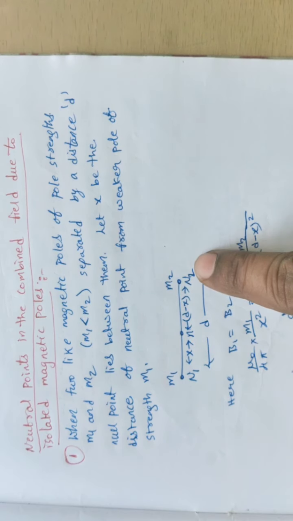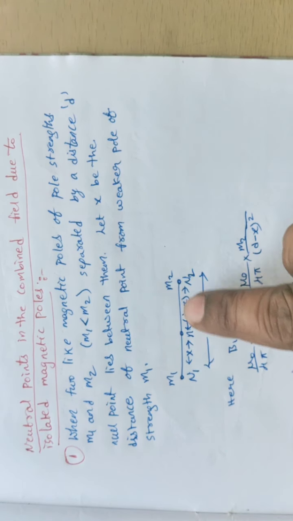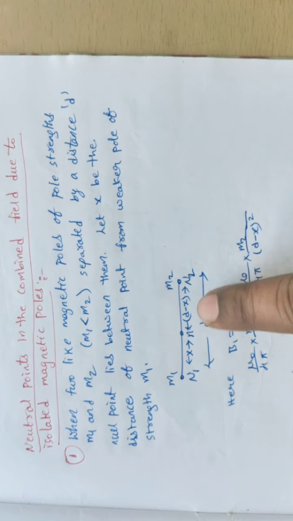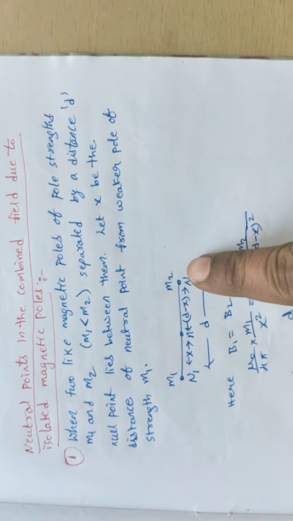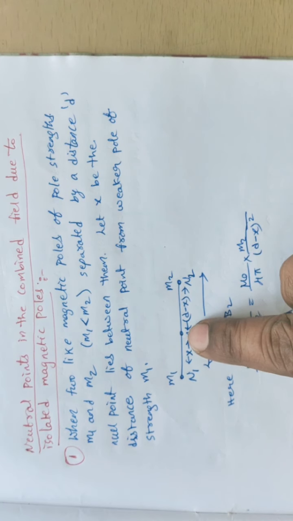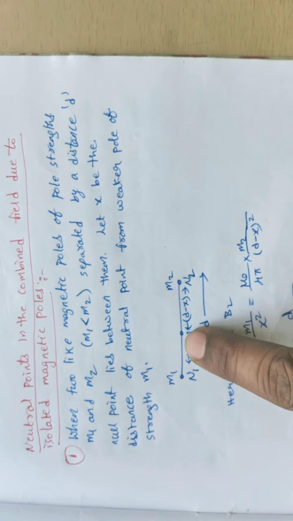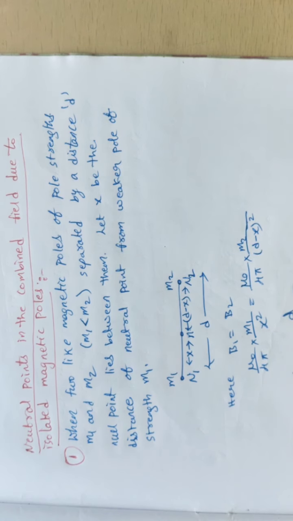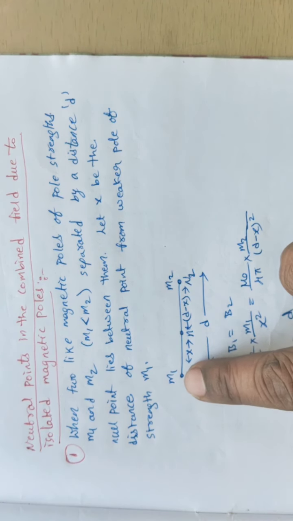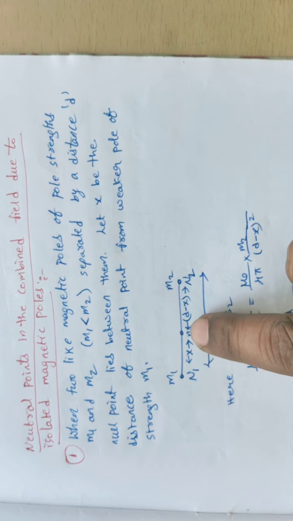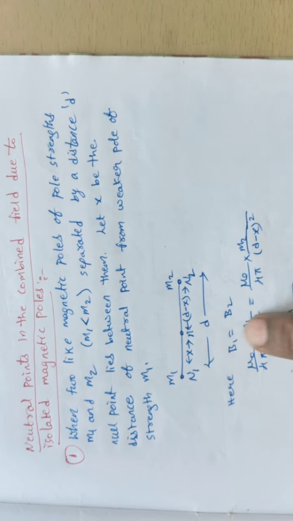Two like poles having pole strengths m1 and m2 are separated by distance d. In this situation, what will happen? The null point lies between those two poles only. Let a small n be the point where the null point exists. I imagine that since m1 is less, nearer to the lesser pole strength, at a distance x, the null point exists.